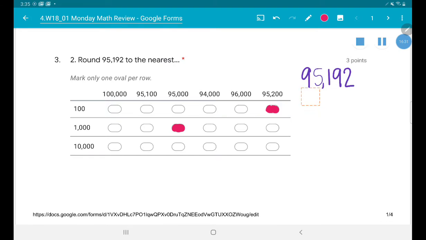And then next I need to round to the nearest 10,000. I have 9 ten thousands. If I look next door, 5,000 is right at halfway, and then that 192 makes it more than halfway. So my 9 ten thousands will become 10 ten thousands, or 100,000.